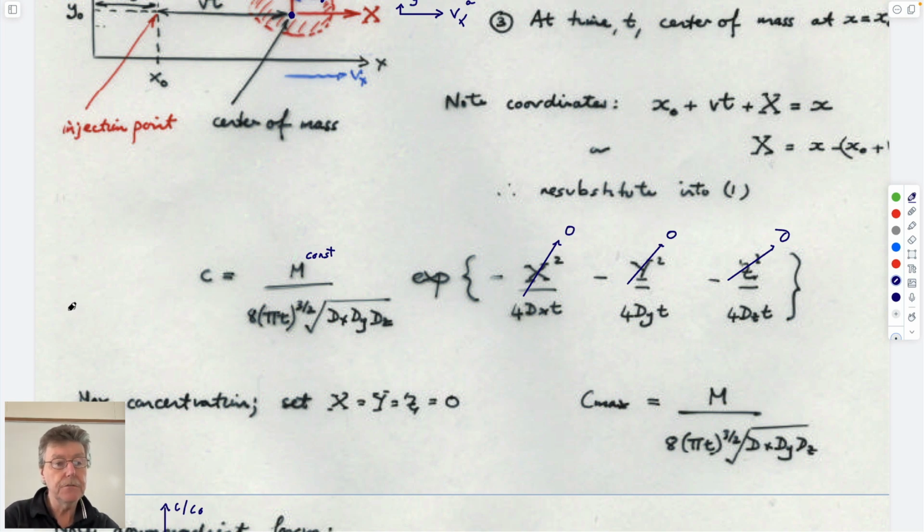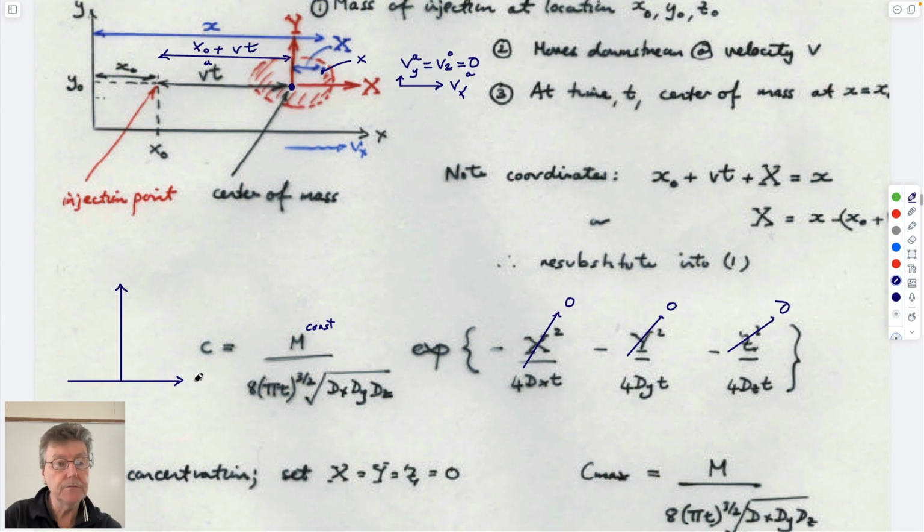And so I suppose if you just plotted it in terms of this coordinate system here, so this would be uppercase X, then it would exactly be this. This would be this expression here.